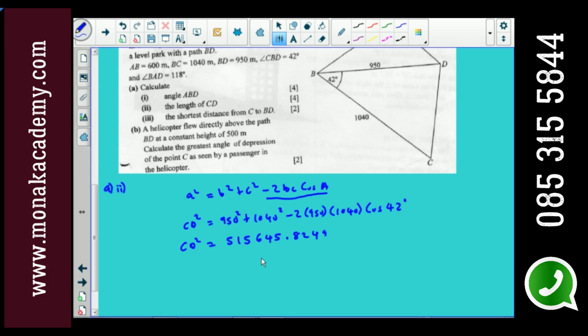But we are not yet done, because we do not want CD squared. We want only CD. So how do we get CD? To get rid of the square sign, you find the square root of the other side. So we have to find the square root of that number.